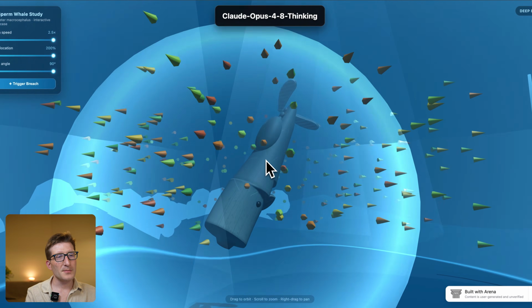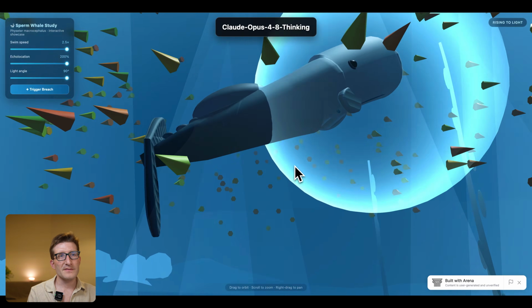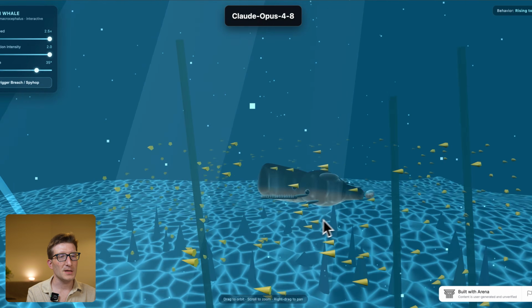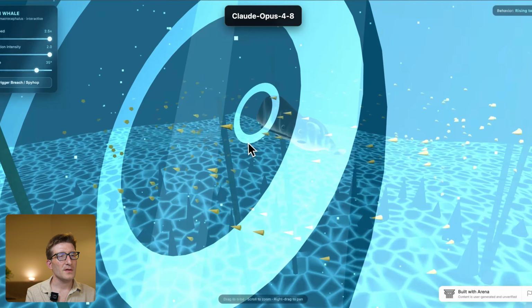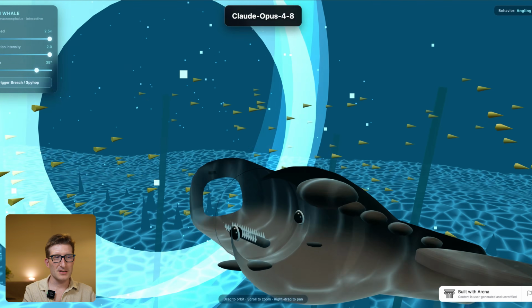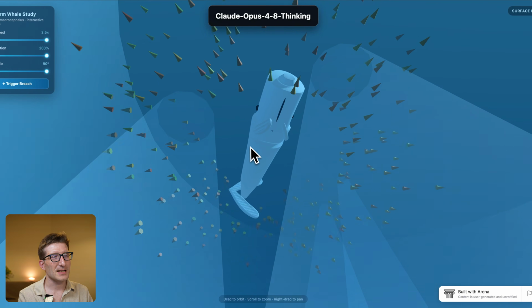I think there are some elements I don't like about the realism and so on, but it feels very alive. So 4.8 thinking did a pretty good job here. 4.8 non-thinking, you can see where it falters a bit. The construction, I can't even make it out, and I think it looks less natural.